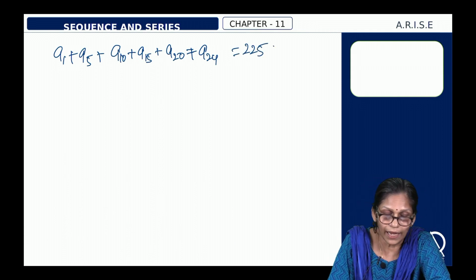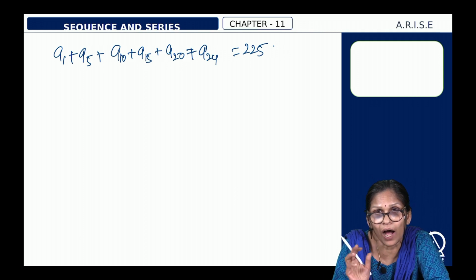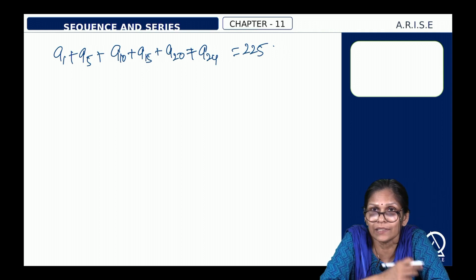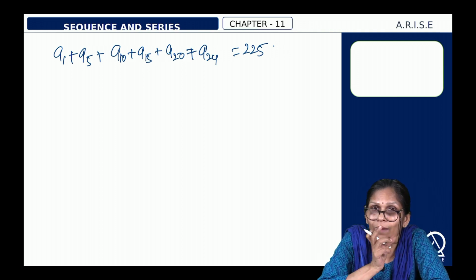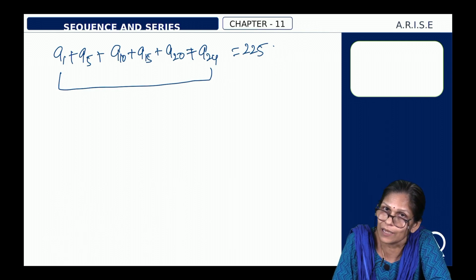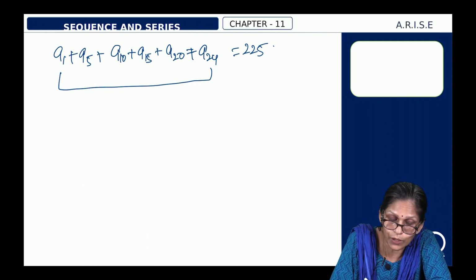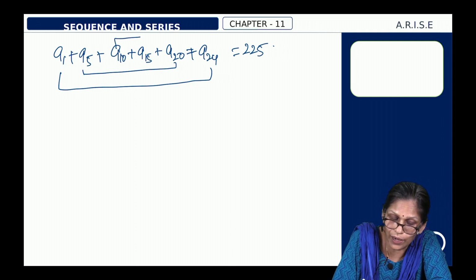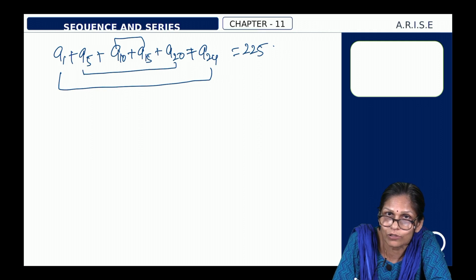Now, isn't A1 plus A24 the sum of the extremes? In sequence and series, we have studied that the sum of the terms equidistant from the beginning and the end is the same. So, A1 plus A24, the sum of the extremes, is the same as A5 plus A20, since 5 and 20 are equidistant from the two ends. Isn't that equal to A10 plus A15 also?